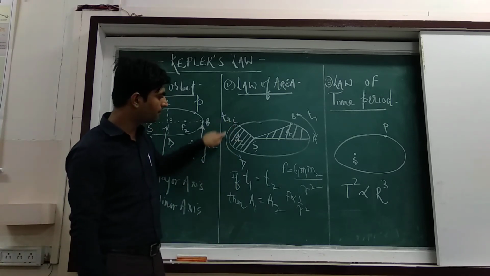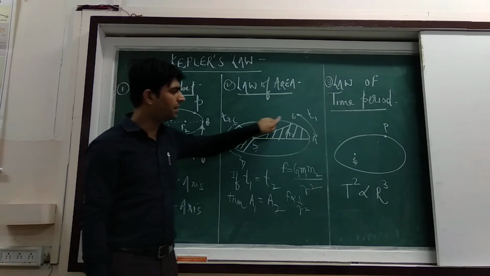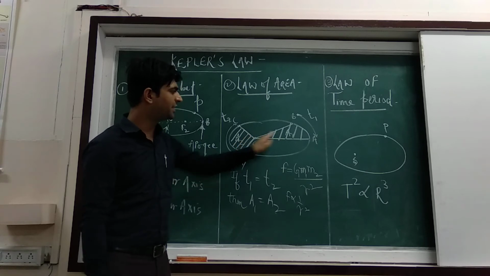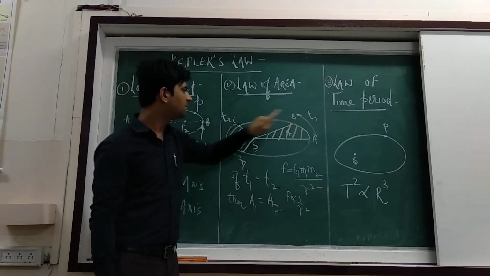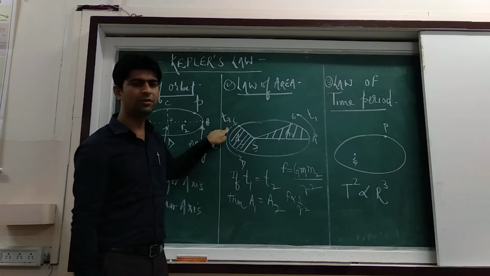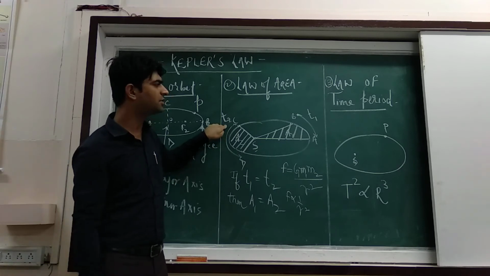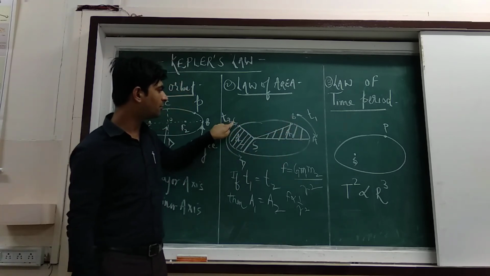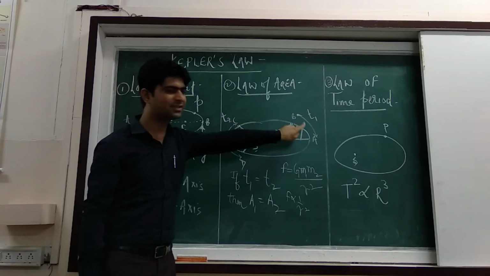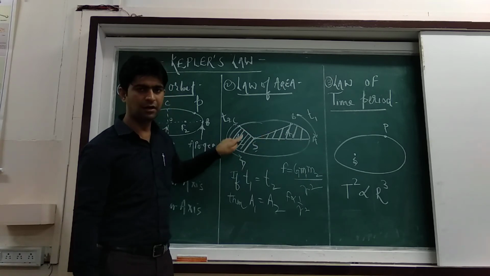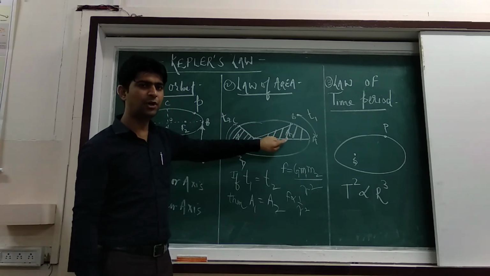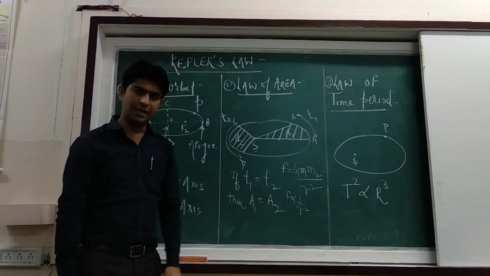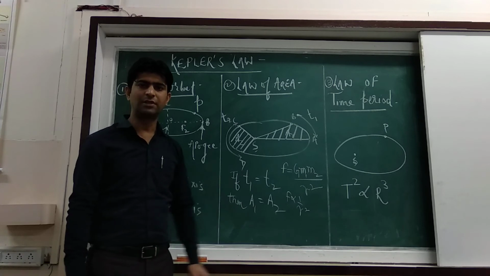So here it is covering a greater arc as compared to this arc, and that is why, due to the change in distance, the time duration, t1 and t2, will be the same, reaching from point A to point B or from point C to D. If this duration is the same, the area swept by the line joining the sun and planet will also be the same, that is A1 is equal to A2, provided T1 must be equal to T2.